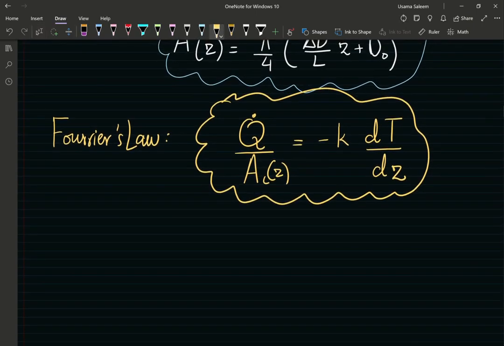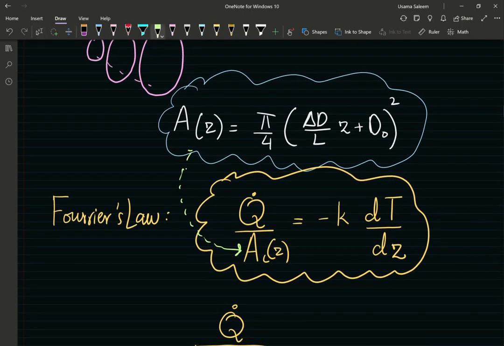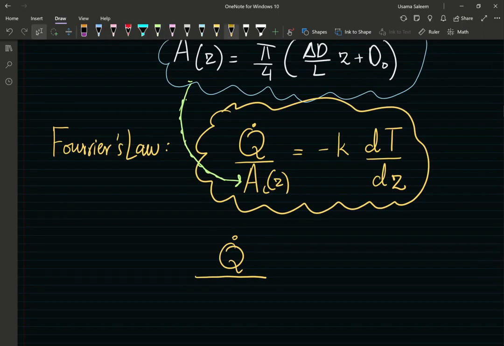So, all right, Q dot. Now I'm going to leave Q dot as it is, and for my cross-sectional area, I'll be substituting this expression. All right, good. So what will I get?